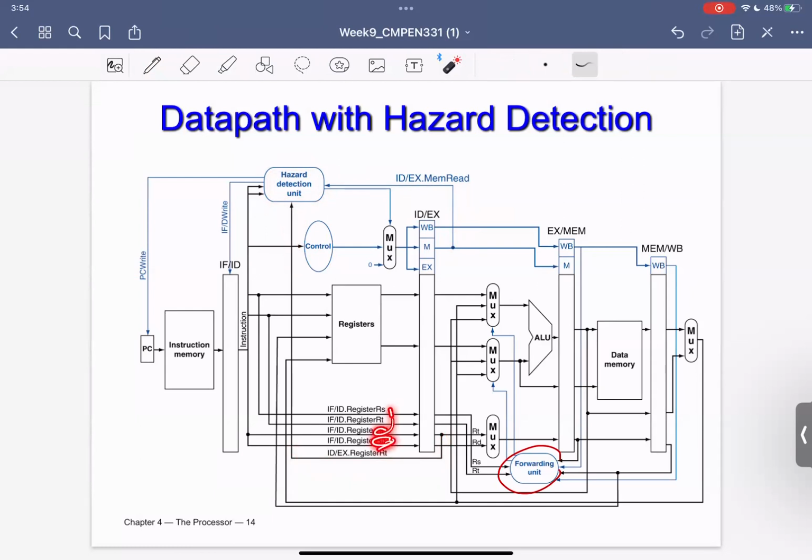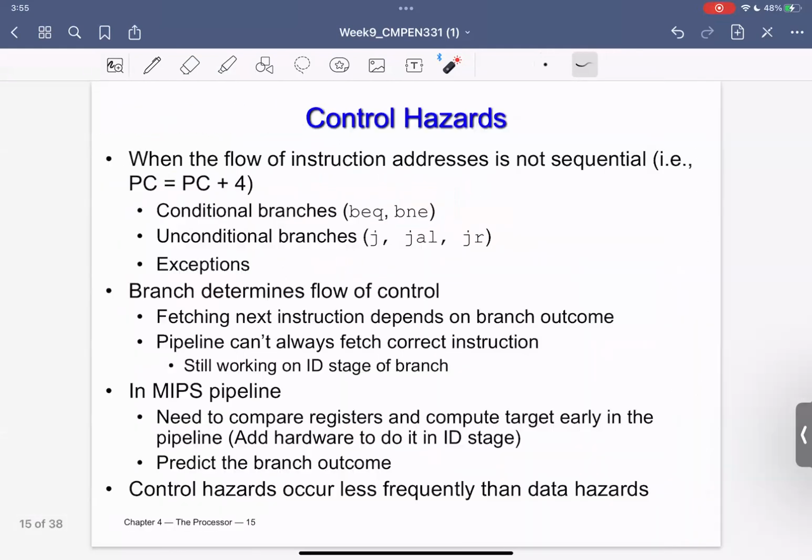So I can check all of these RD and RT and put them as an input to the hazard detection, and it will also choose whether I do a program counter write and stuff like that. It can also choose exactly here whether I pass, as an example, whatever the data is, or I just pass zeros or bubbles or nothing. It's just like a flush and all of these kinds of things. So now we have finished, or semi-finished, the data hazards.